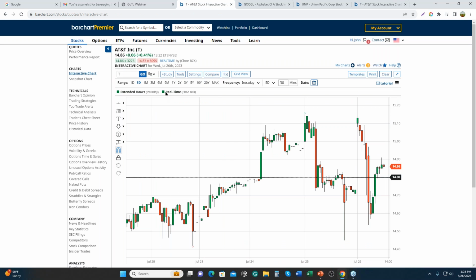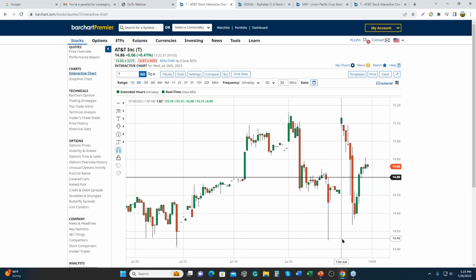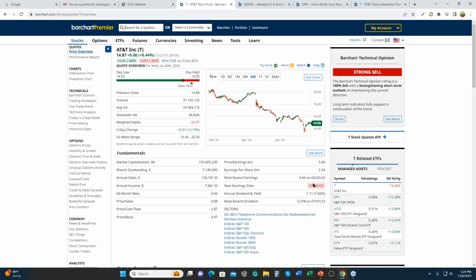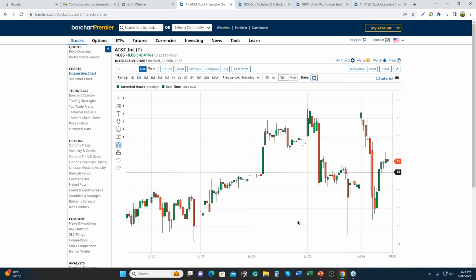As Gene pointed out, I'm in real time and I'm also looking at the extended hours. So let's look at what happened with AT&T. Down here, 7 a.m. is that first green candle, and this is where price gapped up. Why did it gap up? I think AT&T had earnings this morning. Maybe the earnings were a little bit positive and everybody rushed to buy it.